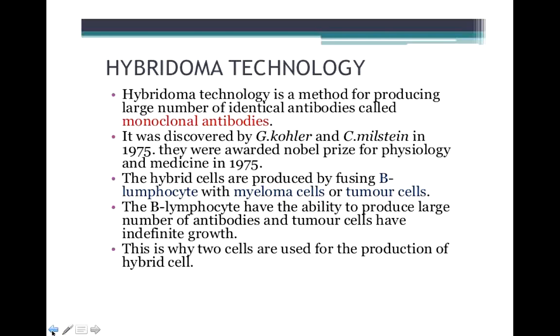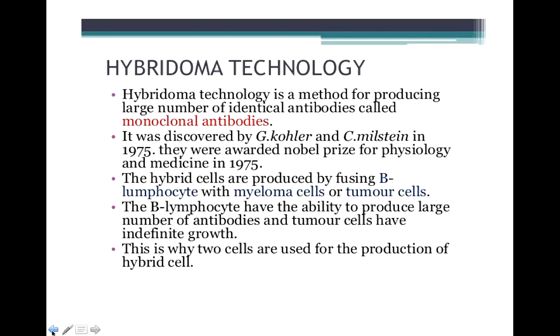It was in 1975 that Kohler and Milstein devised the method for preparation of monoclonal antibodies, and in 1984 they got the Nobel Prize for that. They used hybrid cell technology, wherein B lymphocytes were fused with myeloma cells, or tumor cells. These myeloma cells are cancerous plasma cells.